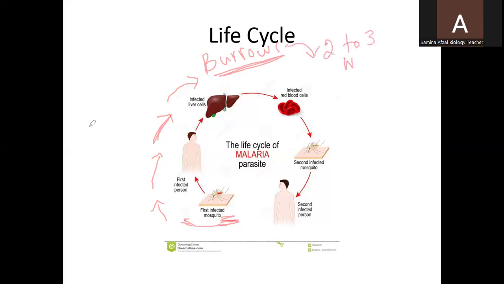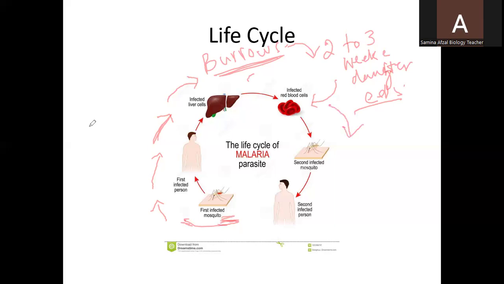The daughter cells will come out of the liver and they will invade the red blood cells. So red blood cells will also become infected with the Plasmodium. So they will also be damaged.